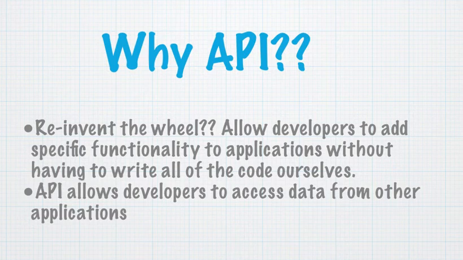Now that we know what's an API, why do we have an API? Answer is simple. We don't have to reinvent the wheel. Meaning, it allows developers to add specific functionality to the application without having to rewrite the same functionality again from scratch.